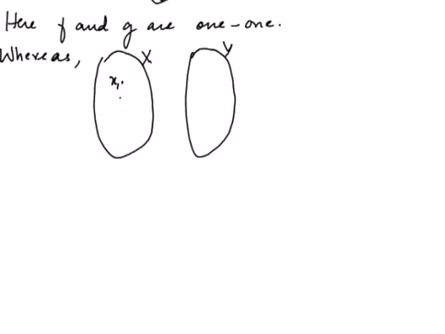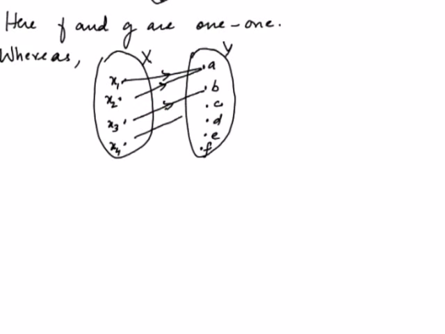Now consider the situations of the two Venn diagrams which are to come, namely h and k. Now here again I consider two sets X and Y. X comprises x1, x2, x3 and x4, whereas Y comprises a, b, c, d, e and f.